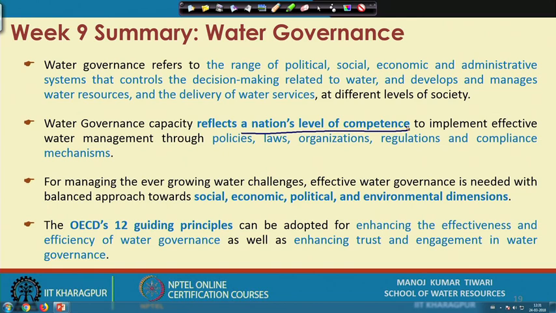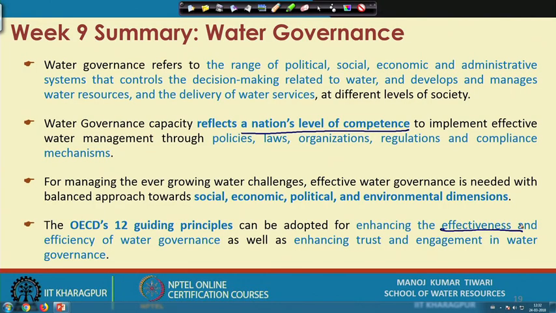For managing the water challenges, effective water governance is needed with a balanced approach towards the different dimensions of governance, which could range from social, economic, political or environmental dimensions. And the OECD has given 12 guiding principles, which were discussed in detail during week 9.